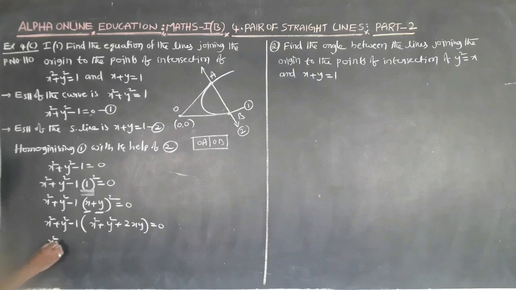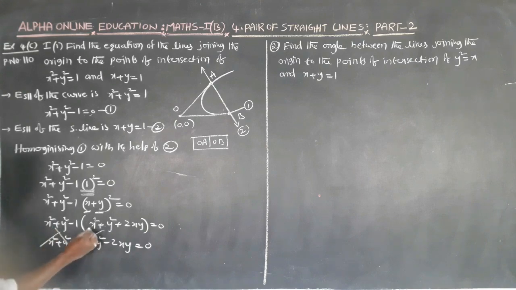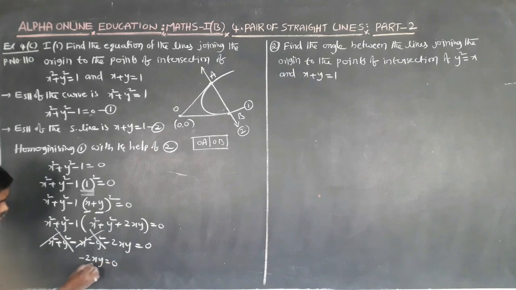This equation multiply with minus: minus x square minus y square minus 2xy is equal to 0. x square gets cancelled, y square gets cancelled, minus 2xy is equal to 0.